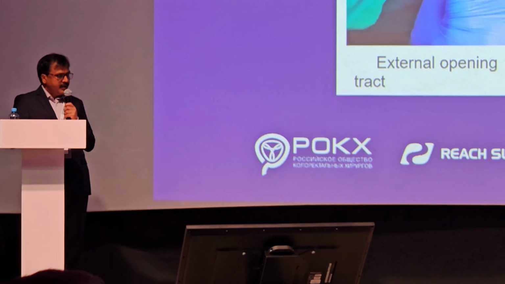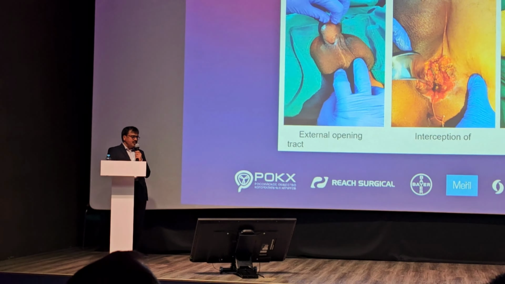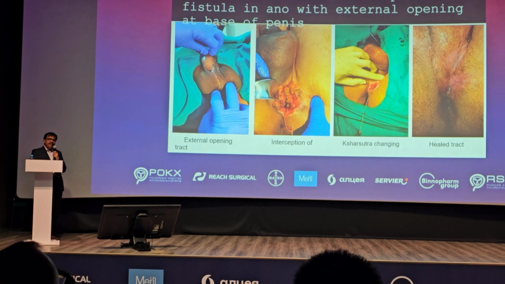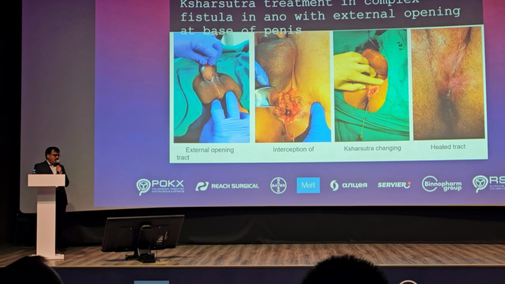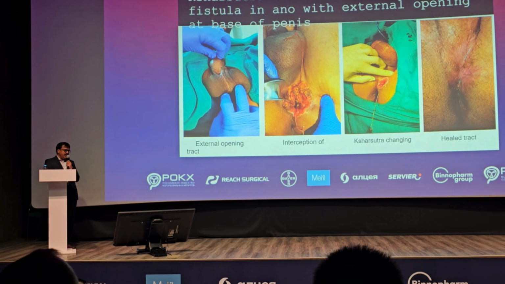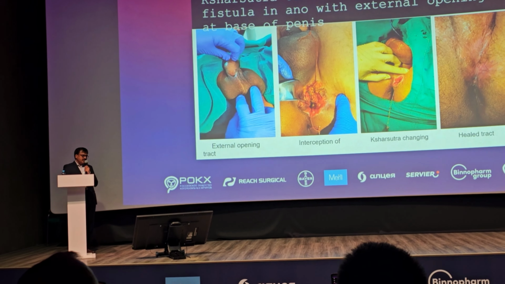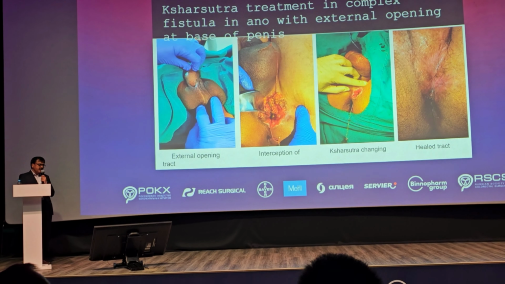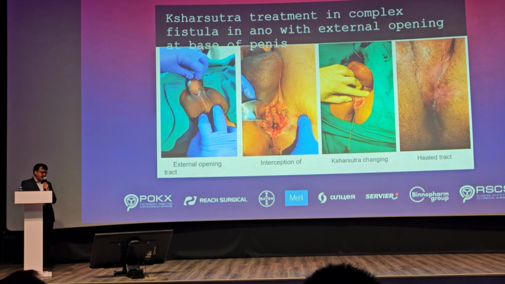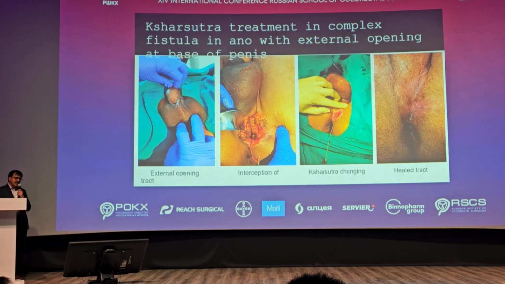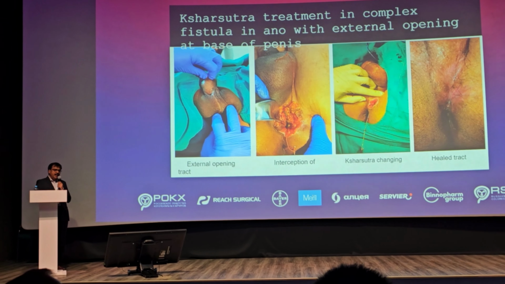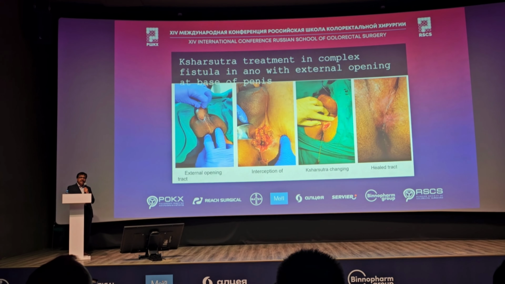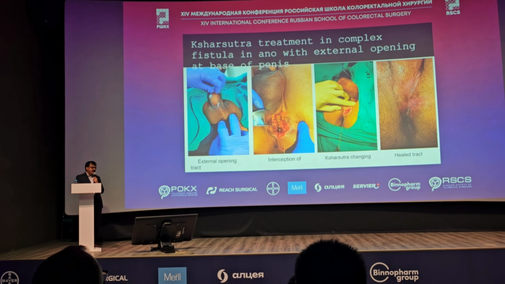So this is one of the complex fistula cases which we have treated with Ksharasutra treatment. We can appreciate there is an external opening at the base of the scrotum, and the tract travels posterior to the testicles near the deep muscles, and then enters into the anal canal in between the superficial and deep external sphincter.